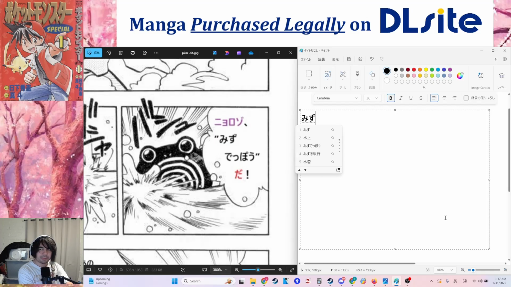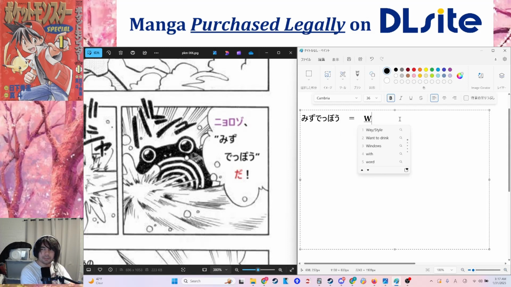In this case, it's going to be the Mizu Depo da. So, Mizu Depo. You're going to get 2 words here for the price of 1 because this, technically speaking, should just be 1 word since that's the way it's being used here. You'll see that it's in these quotation marks, meaning that it is the name of something. Mizu means water, as you've probably already guessed.